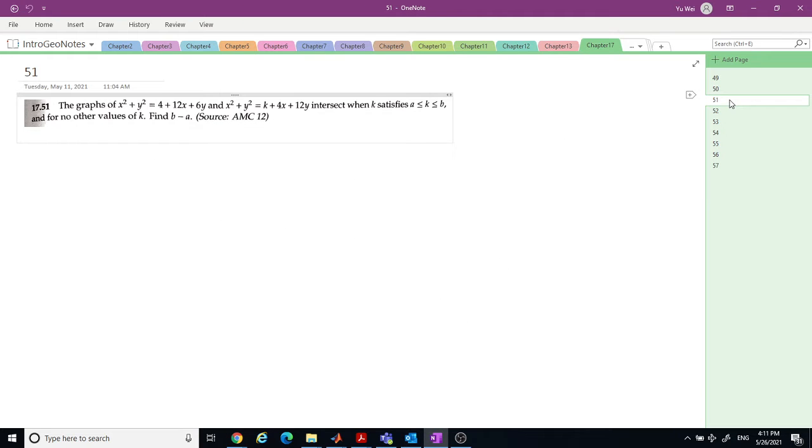Next, we have a graph of two circles, and these two circles can intersect when k is between A and B. What are A and B? Let's rewrite this equation in standard format: x squared minus 12x plus y squared minus 6y equals 4.